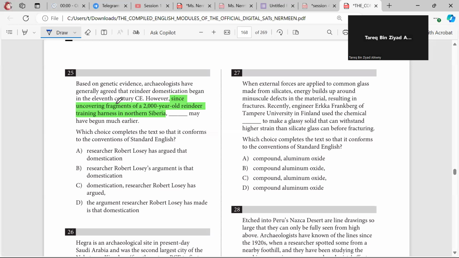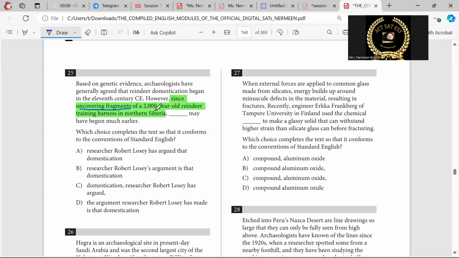Since uncovering fragments of a 2,000-year-old reindeer training harness in northern Siberia, blank may have begun much earlier. Okay, so since uncovering fragments of a 2,000-year-old reindeer training harness in northern Siberia, who's supposed to be uncovering the fragments?